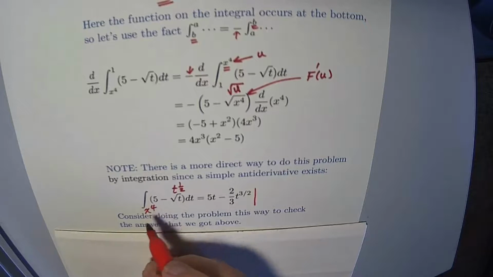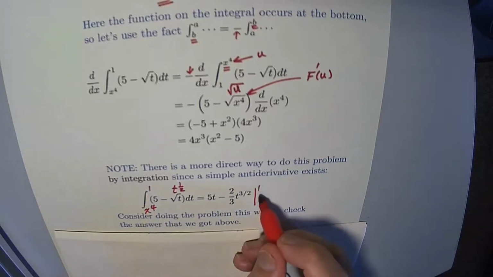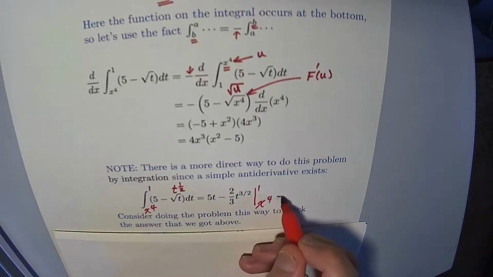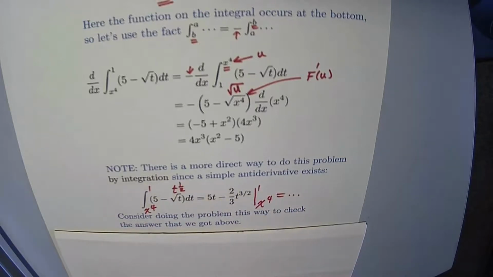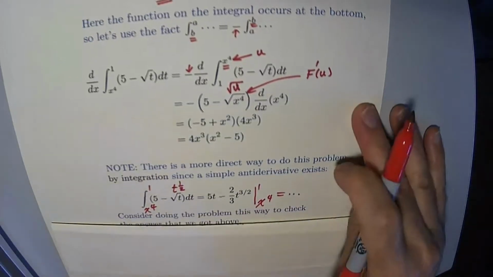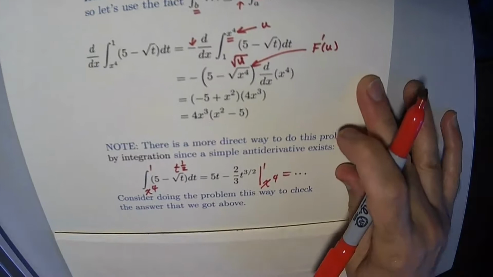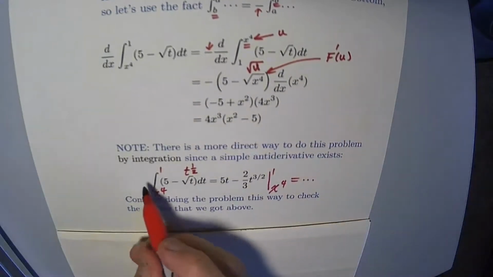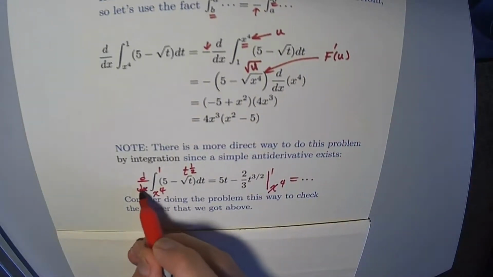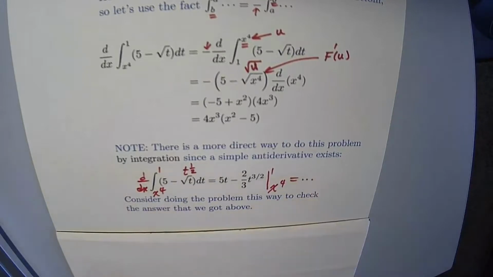Then we put in x to the 4 and 1 the usual way, get an answer with x. And now if I take the derivative with respect to x of this whole thing, I'll get the same answer as in here.